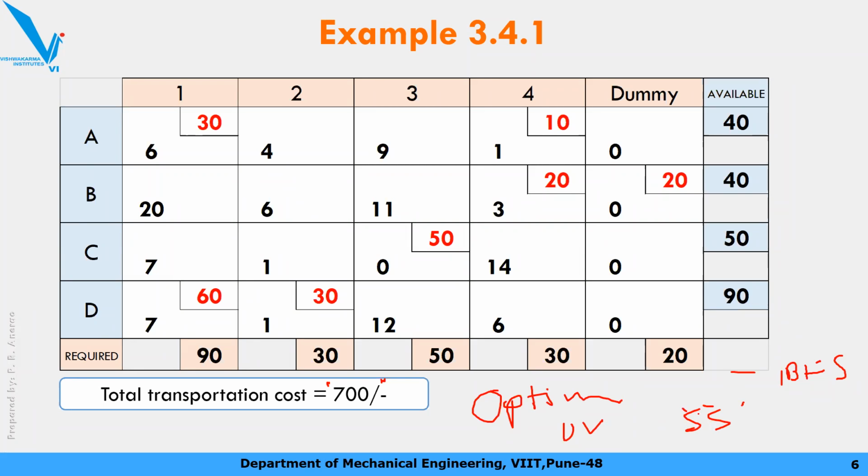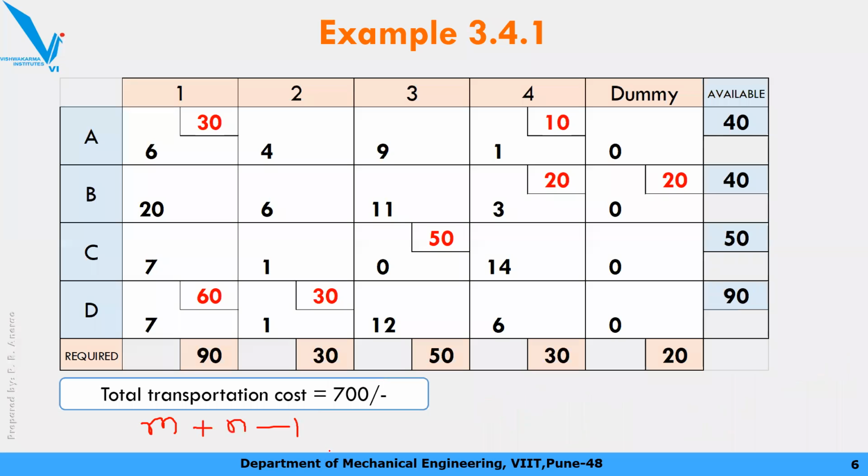Before implementing the optimization method, we need to check how many allocations we have in the initial basic feasible solution. The number of allocations should be m plus n minus 1.